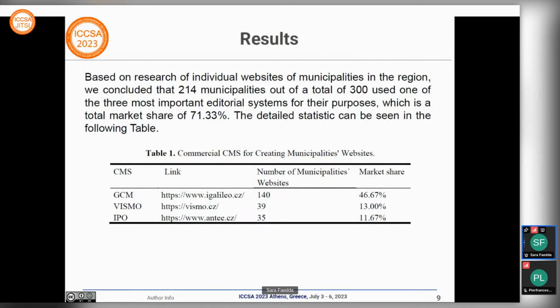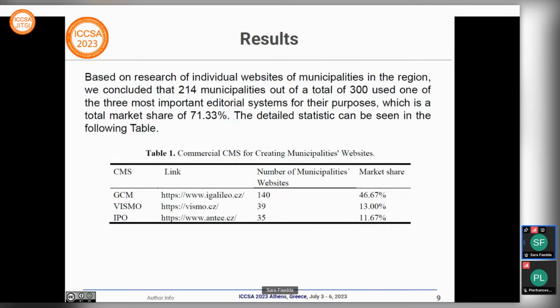So we can see that most of them use so-called GCM, and it is the special custom system from the firm Galileo. This is the main, I think, provider of websites in Slovakia as well.